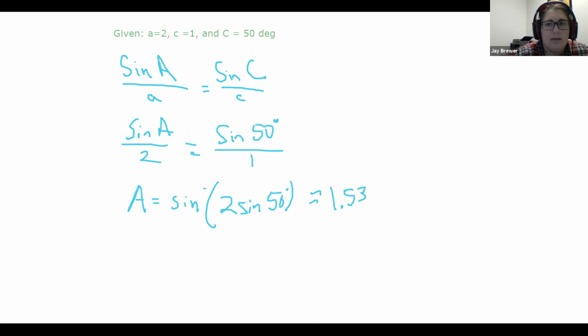Now, I want you guys to consider what this is saying for a moment. We have an angle whose sine is supposed to be 1.53. What do you think that means?